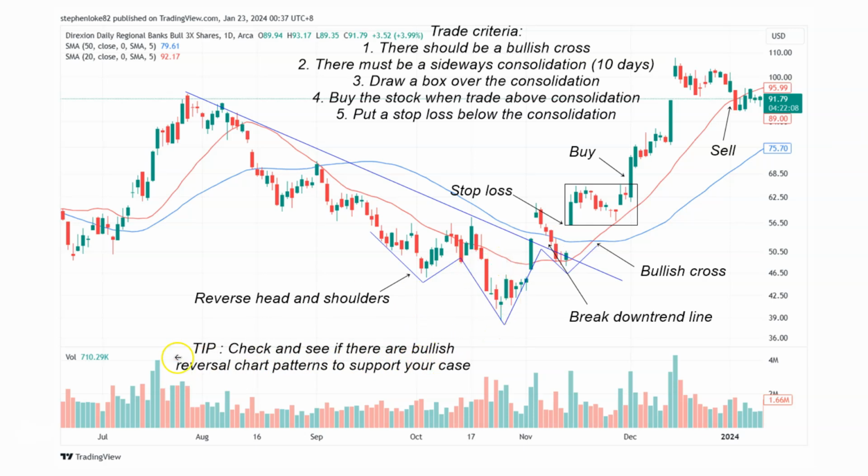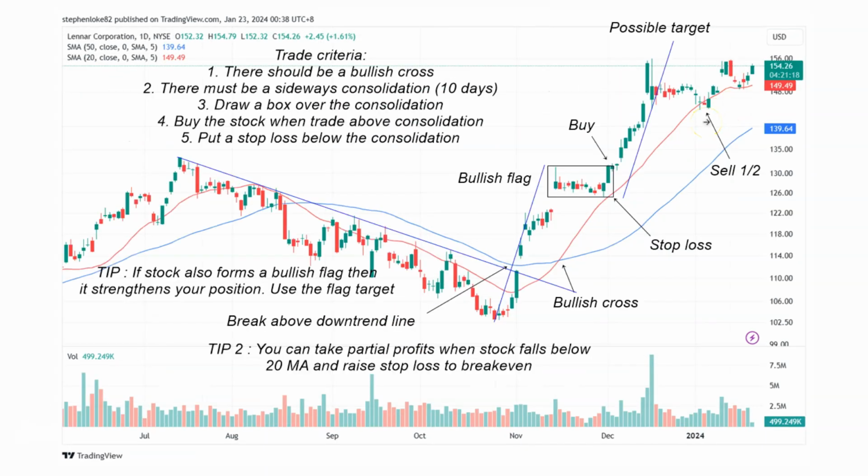Another example, one more example before we end our lesson. Here are the trade criteria, and this stock, Lennar Corporation, remember this is the daily chart, had a nasty decline, but it soon broke above the downtrend line and had a rapid rise.